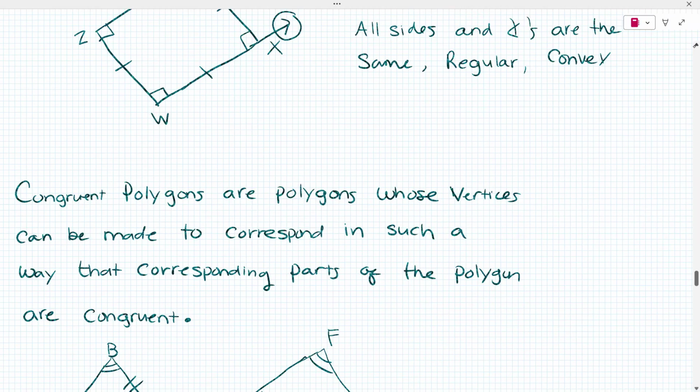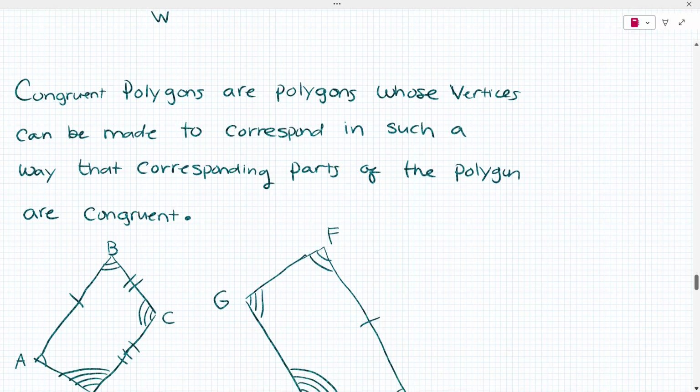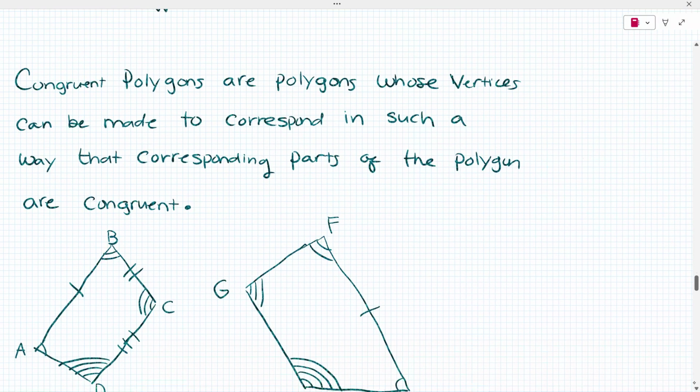Okay, let's talk about congruent polygons. Congruent polygons are polygons whose vertices can be made to correspond in such a way that corresponding parts of the polygons are congruent.